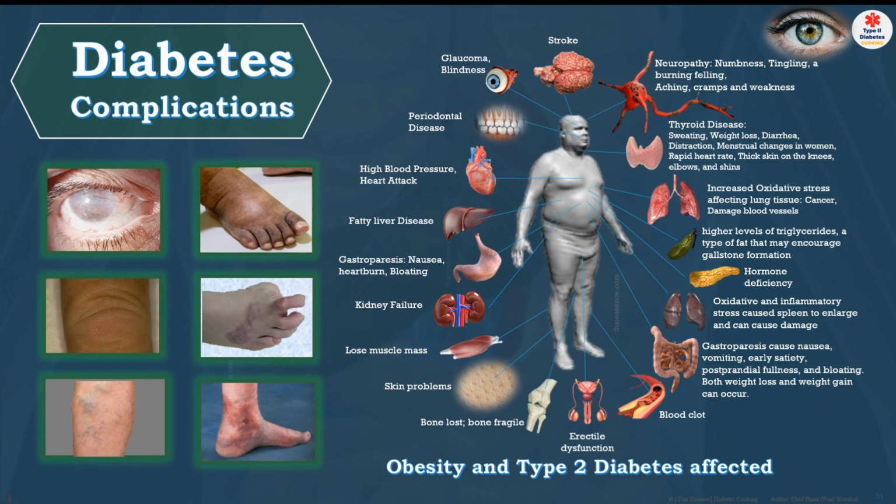Any part of your body can show up. Your thyroid, your teeth. I don't have good teeth anyway, but when you have diabetes, you get worse. You get more gum disease, swollen gums. You get all these problems constantly inside your body.